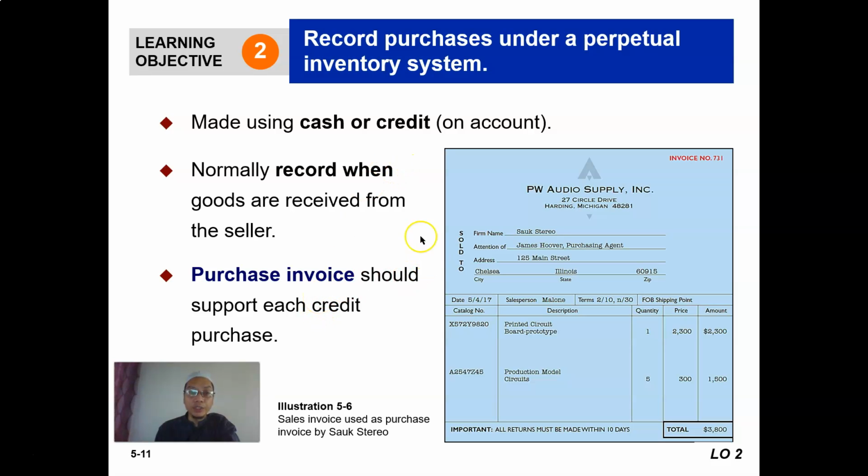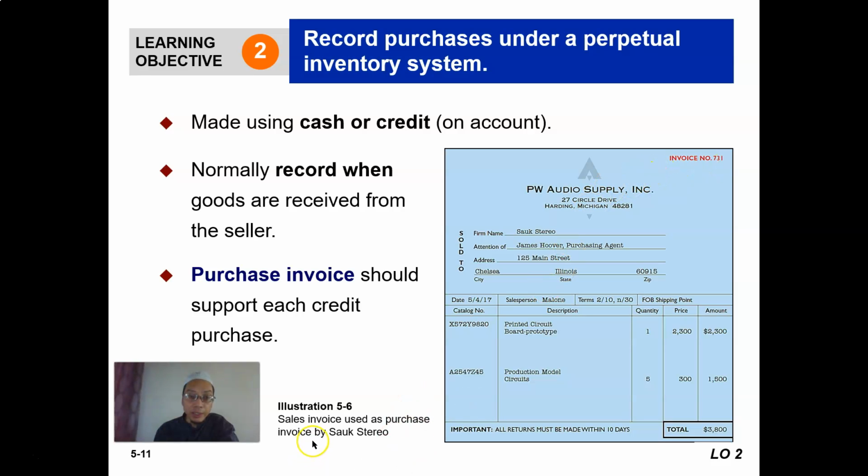Usually a purchase will be supported by a document called an invoice. For us, the purchaser, this will be considered a purchase invoice, and the purchase invoice will be the supporting document for our recording of the purchase. But it is a sales invoice from the eyes of the seller, so they produce the invoice.